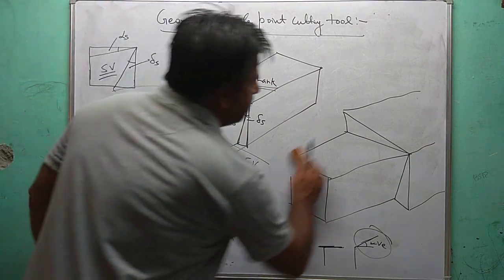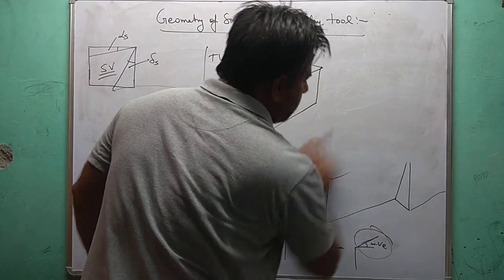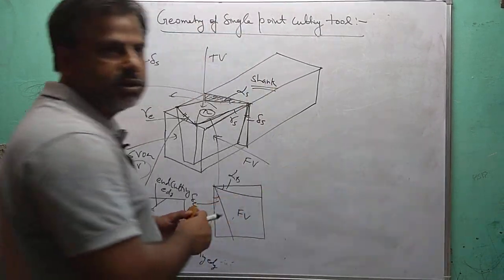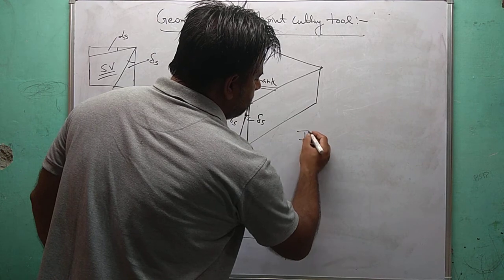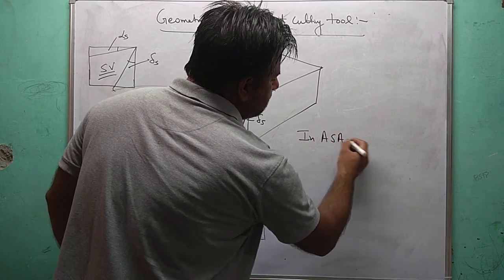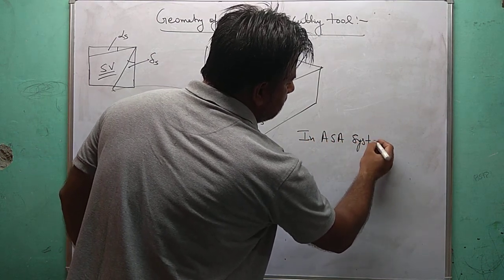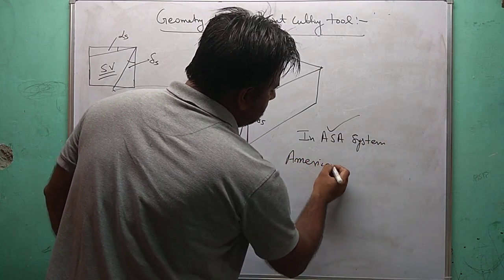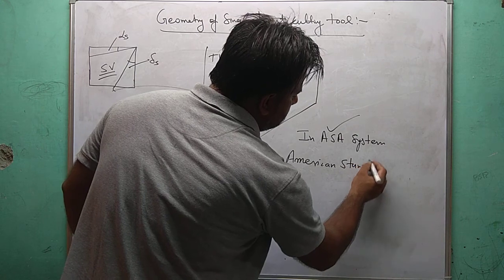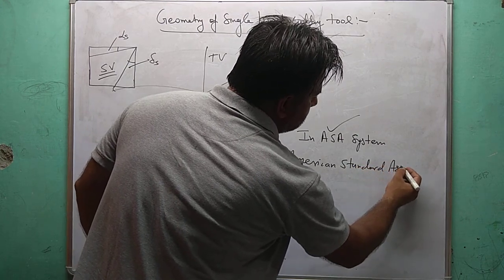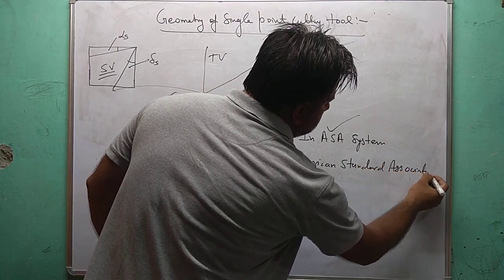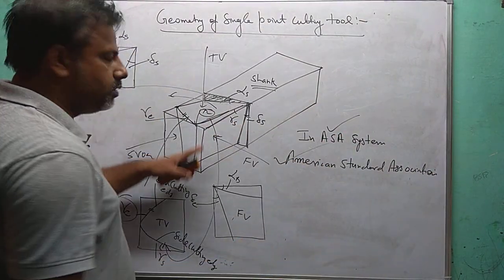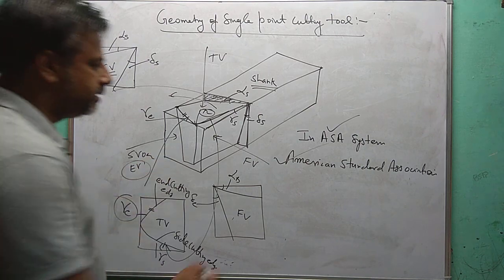According to the American Standard Association, or ASA system, you may represent all angles including the nose radius. ASA means American Standard Association. You may write the order of these angles including nose radius like this.